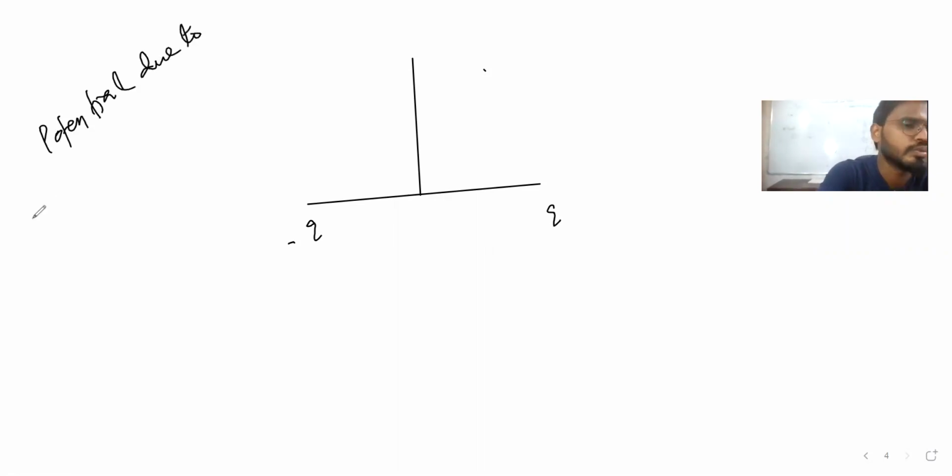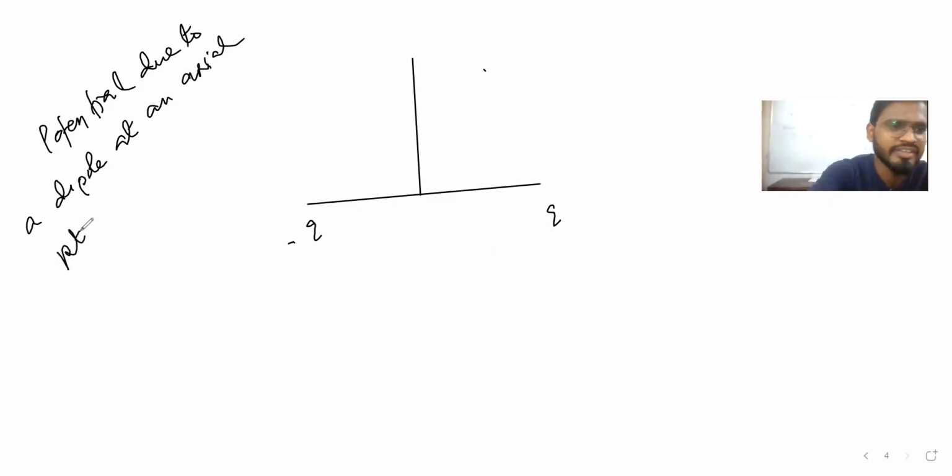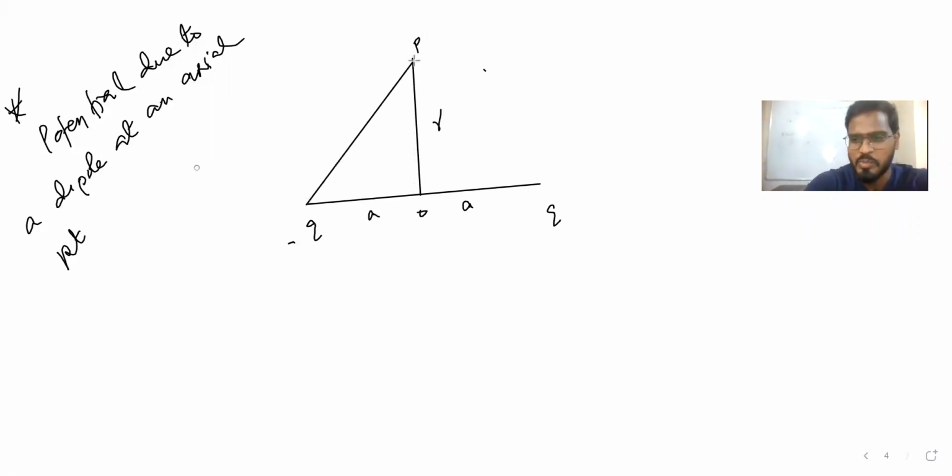Now we want to find the point here. Let's take this distance as r. We will assume that, and this is a 2a distance, no? So this is O, right? At point P we want to find the potential. Guys, there is no problem of direction, as it is a scalar quantity, right?